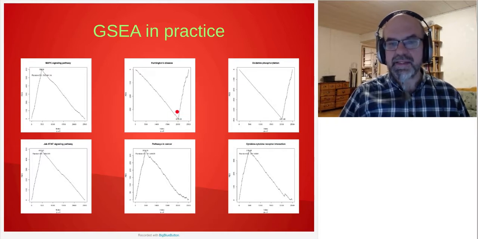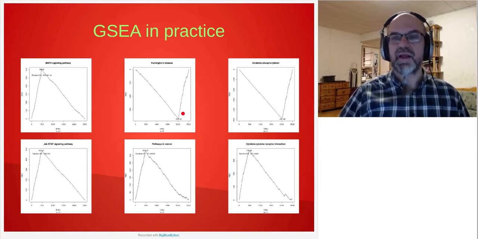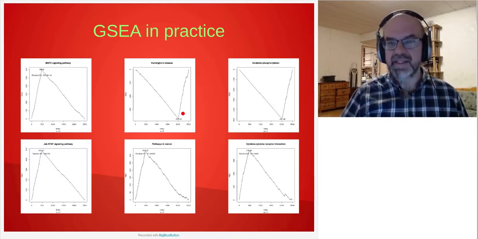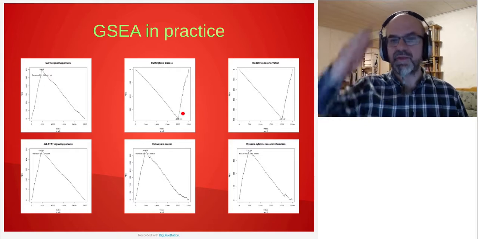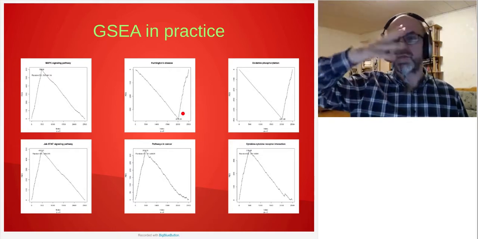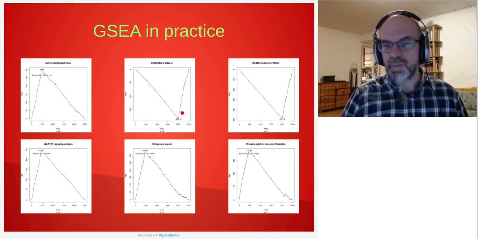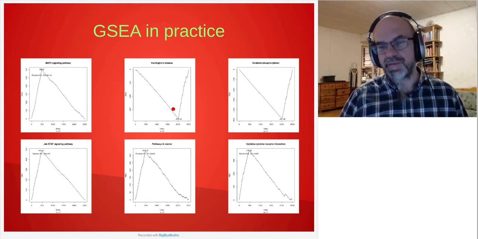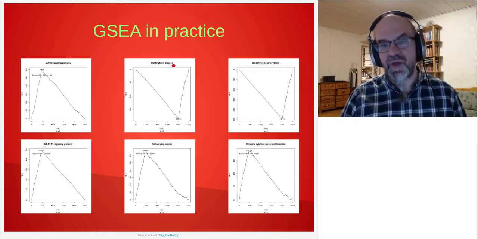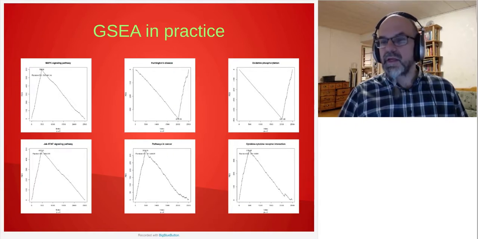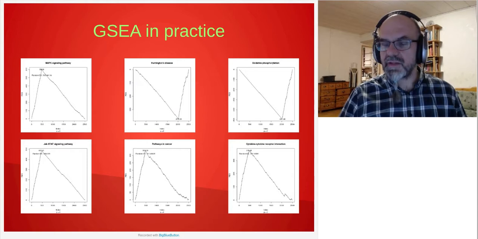In this case, your enrichment score will have a minimum, because it will basically be a valley instead of a peak. So the bottom of the valley will be the situation where the enrichment score is furthest away from the 0 axis.